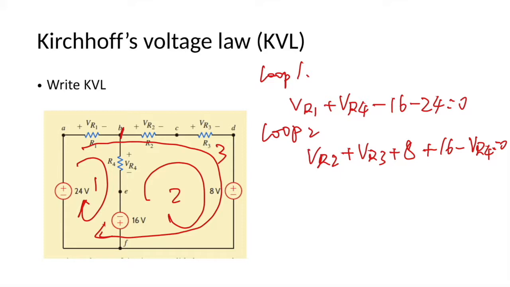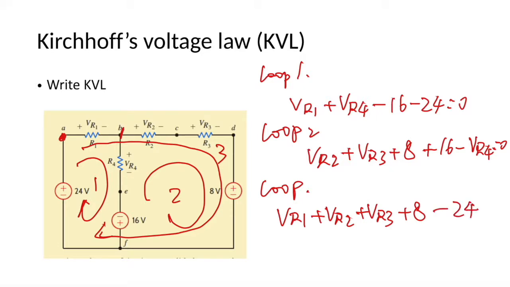And for the big loop 3, let's start from point A: VR1 plus VR2 plus VR3 plus 8 minus 24 equals 0. So these are the KVL equations for this circuit.